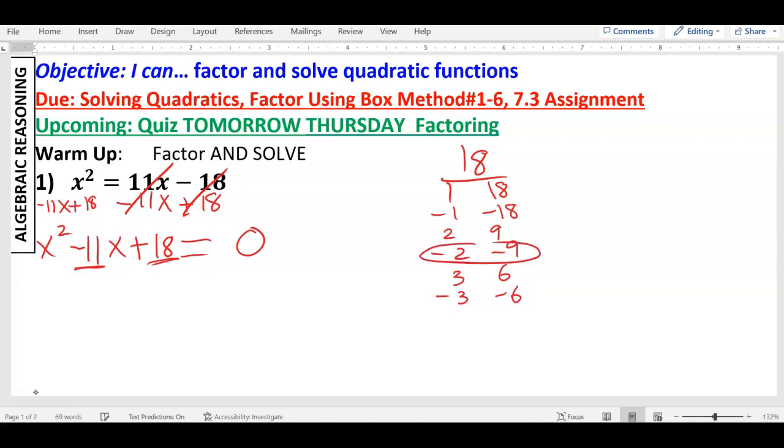Negative 2 and negative 9 give us negative 11. So I'm going to break that into two parentheses. It still equals 0. You got an x in both of them. And then what goes in here and here are these two numbers, negative 2 and negative 9. So minus 2, minus 9.